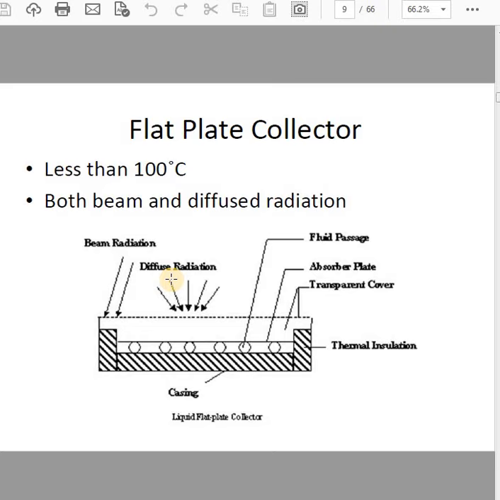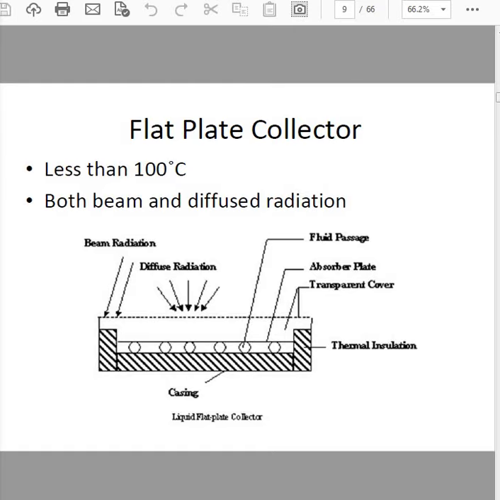These flat plate collectors are constructed to collect both beam and diffuse radiation, that is direct and diffuse radiation. What happens in non-concentrating type collectors is you are not concentrating on sunlight directly, you are utilizing it by absorbing all the radiations coming at a particular period of time.